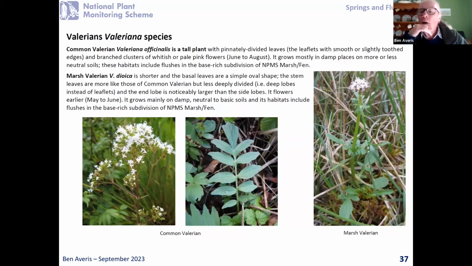Its basal leaves are not divided in this way. They're just a simple oval leaf. It's the ones on the stems that have the typical valerian shape. And even those, you can tell they're different from common valerian because the end lobe is much bigger than the other ones. And it's an early flower too. But both species like a habitat that's neutral to base rich, so it's the base rich subdivision of marsh and fen.